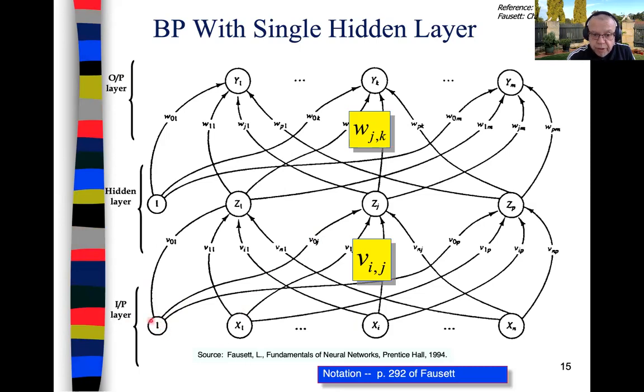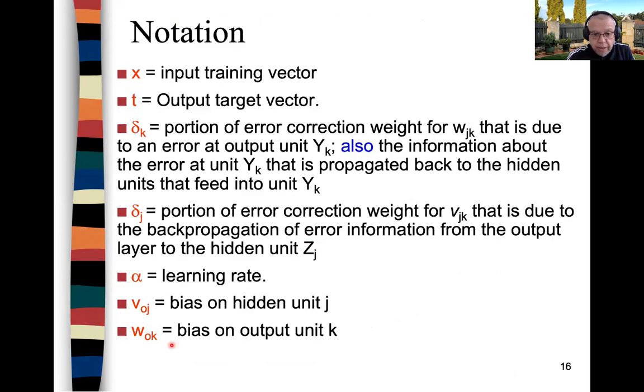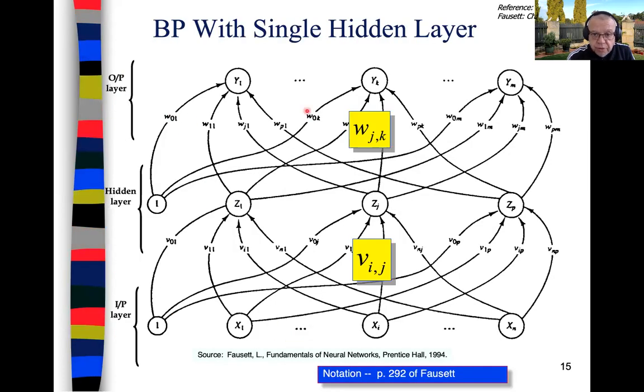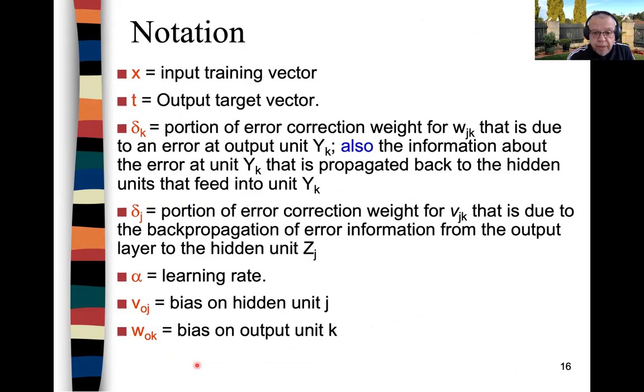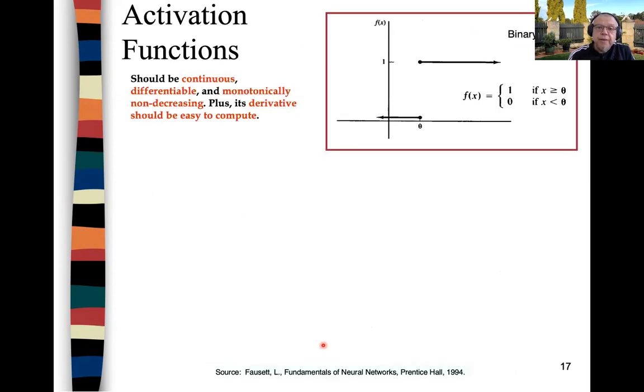We put a 1 here to accommodate for the bias, so we don't have the threshold starting at 0 in our activation function. And then W0k is the bias on output unit k. So W01 will be the bias for node Y1.